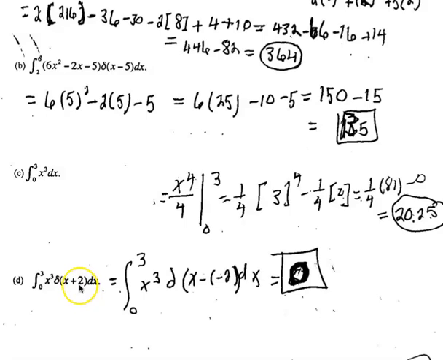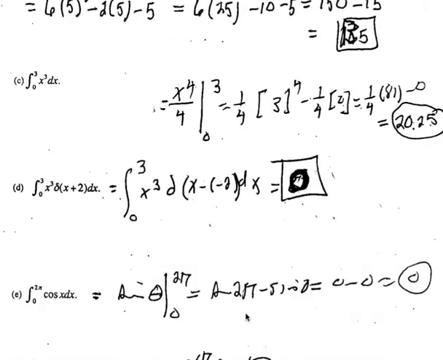But -2 is not within the range of integration from 0 to 3. That kills everything. The result of that integral there is 0. So this has to be written in its standard form. Standard form is delta of the variable minus whatever place you're going to evaluate the integral. And here it has to be a -2.